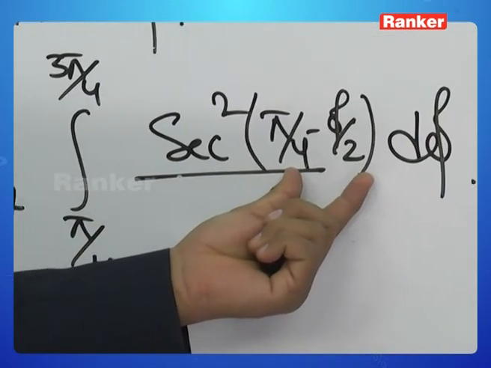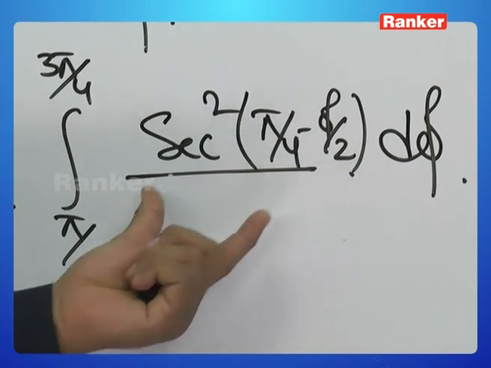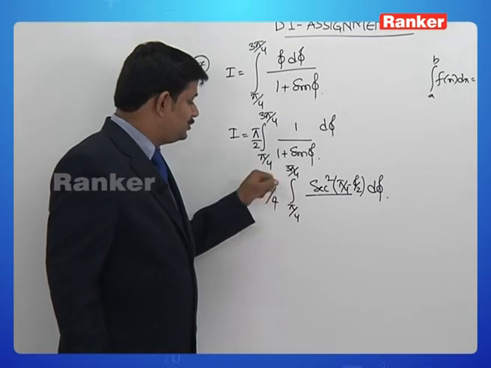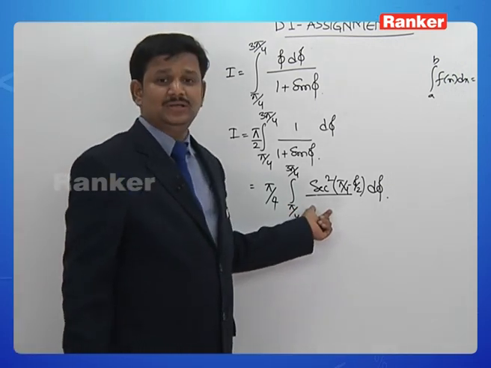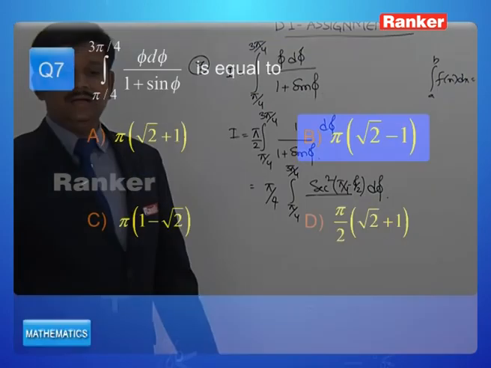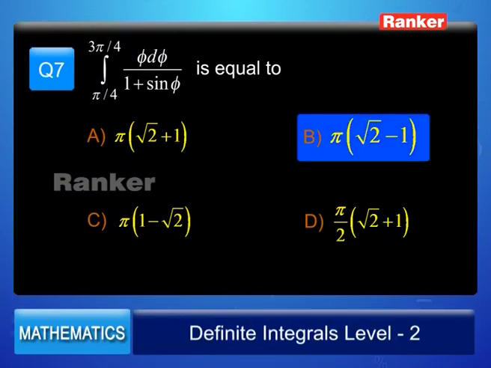In place of theta we have pi by 4 minus phi by 2. This is a very simple integral to evaluate; integrate it with the limits pi by 4 and 3 pi by 4, and a small trigonometric manipulation gives you the answer, pi into root 2 minus 1, which is option 2.